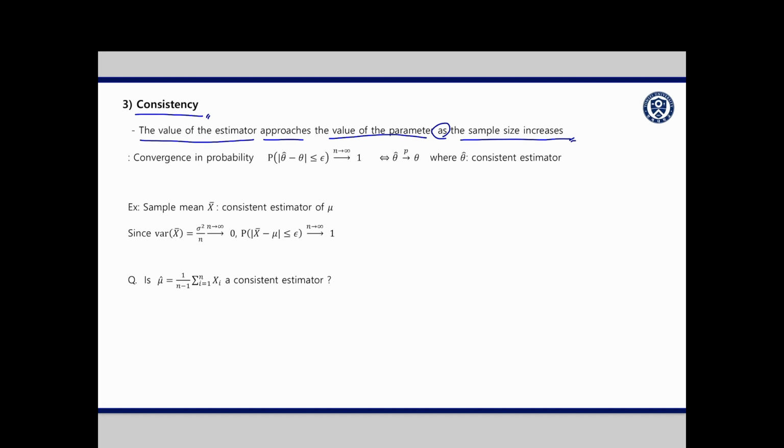In the convergence in probability concept, the probability that the absolute difference between theta hat and theta is less than some constant epsilon goes to 1 as the sample size increases, or the probability that the absolute value is greater than epsilon goes to 0 as the sample size goes to infinity. Then theta hat is called a consistent estimator, and we can write it like this.